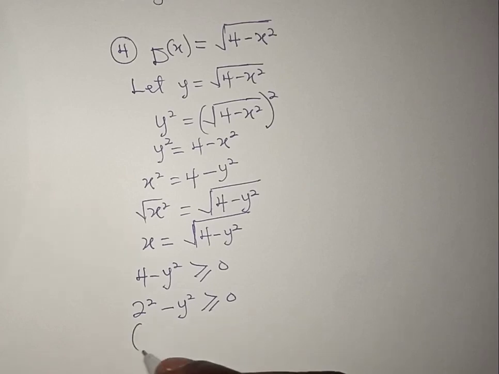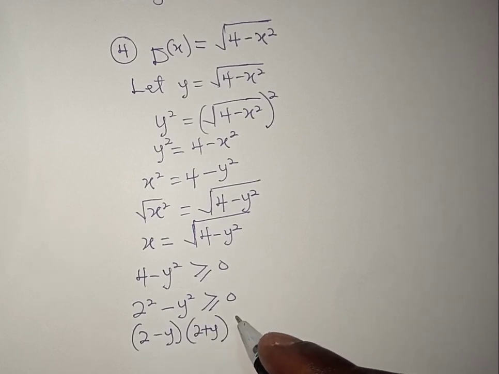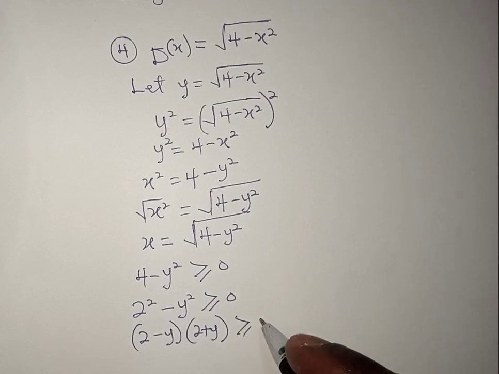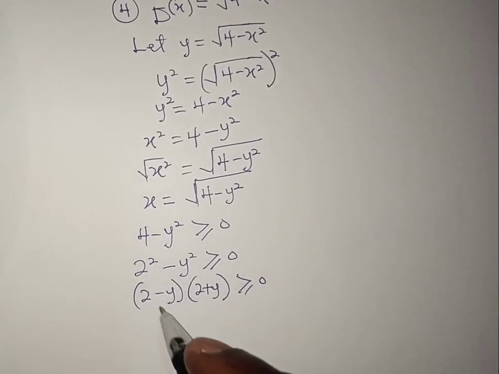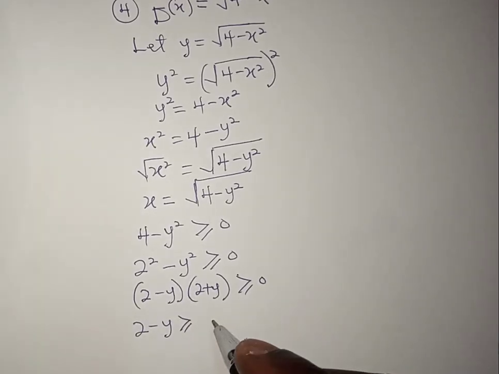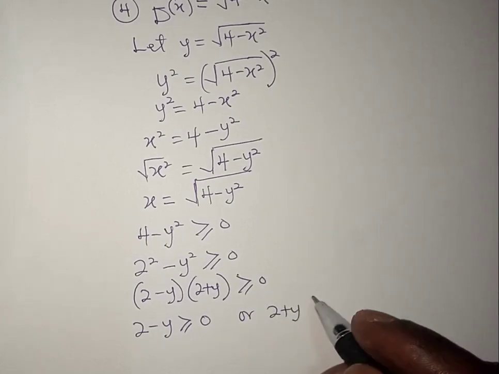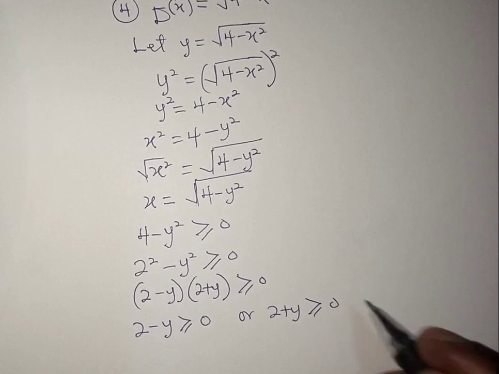Then I can use the difference of two squares: 2 minus y, 2 plus y, greater than or equal to 0. If that is the case, I can solve this separately. 2 minus y greater than or equal to 0, or 2 plus y greater than or equal to 0.